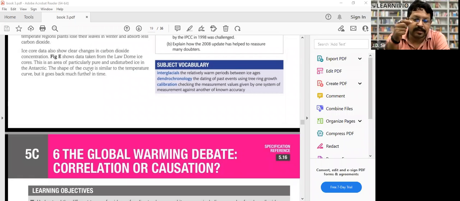By checking the carbon dioxide trapped in the ice of different times, in different strata of the ice, we come to know how much the carbon dioxide concentration has increased. Got it?